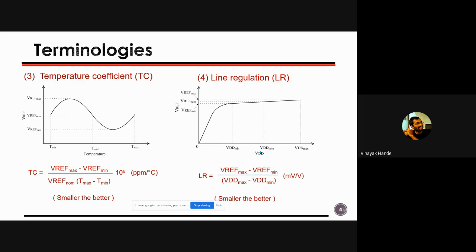Here I have mentioned millivolt per volt, but it is not fixed for line regulation. You may find different units as well. In some papers or data sheets, you will find line regulation mentioned as a percentage. It doesn't matter, because finally the numbers are what is important to understand.